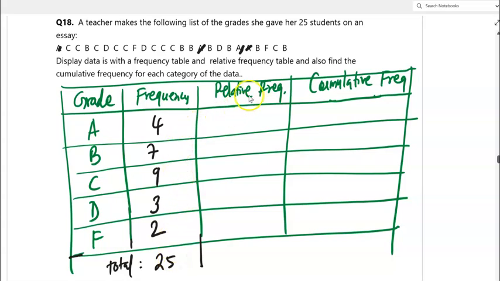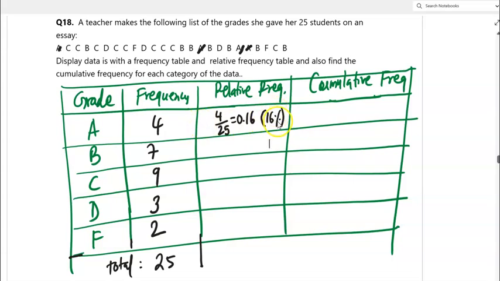Now let's find the relative frequency of each category. The relative frequency of A is the frequency of A divided by 25. If you divide this in the calculator, you get 0.16. You can also see this as a percentage, 16%.